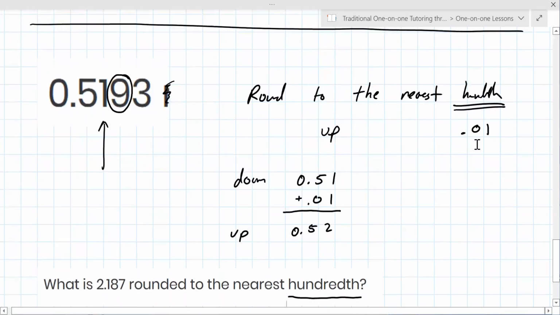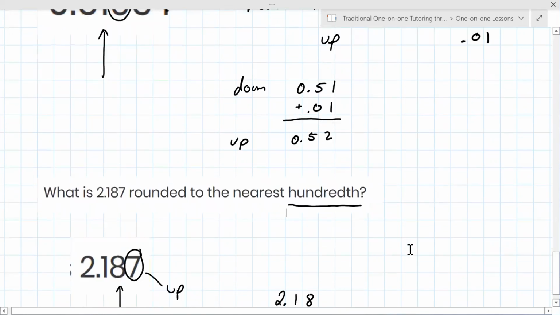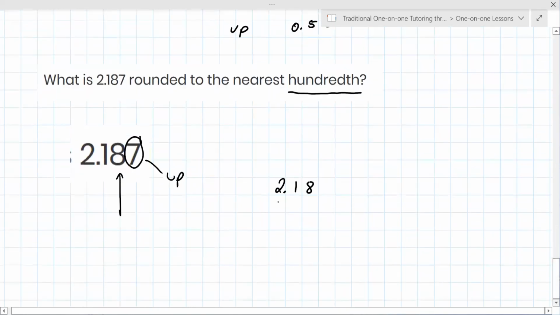How much was a hundredth in the previous problem? 0.01. So we're going to add that to this number. 2.19. Okay. And you'll start to notice that when you round up, the digit before it rounds up to the next digit.